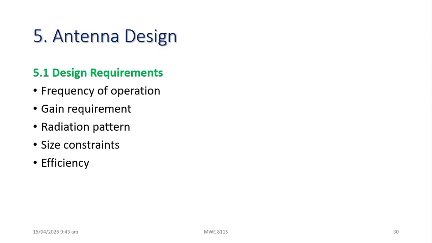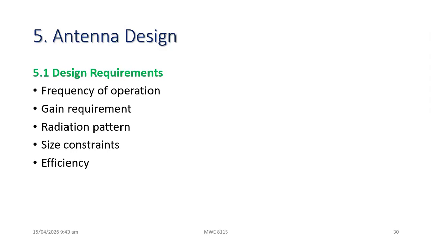In which direction are you going to radiate? Is it going to be omnidirectional or directional, meaning at a certain angle? Omnidirectional means you are radiating at 360 degrees, basically all around you.